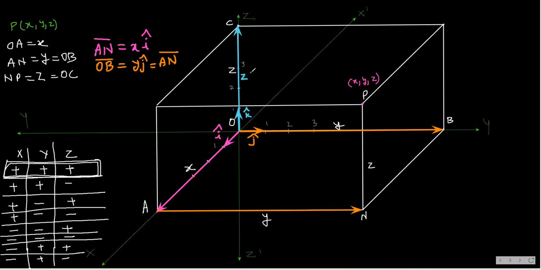OC bar is the same as NP bar. This is z k cap.